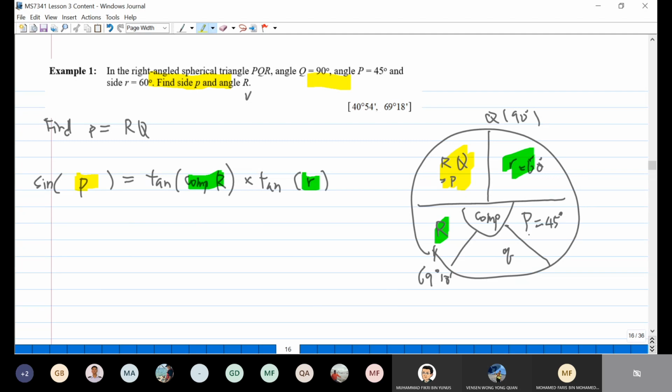So what is the tangent of the complement of r? You know r already, so actually it's not too difficult.